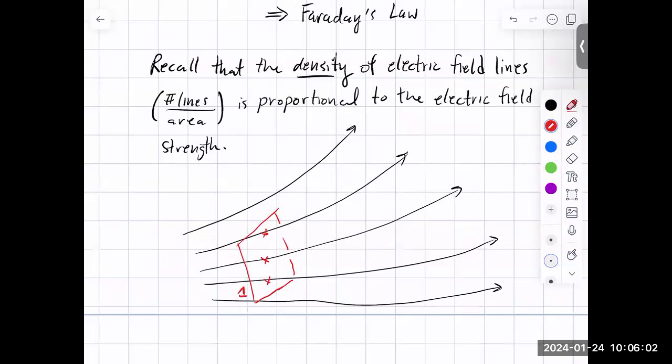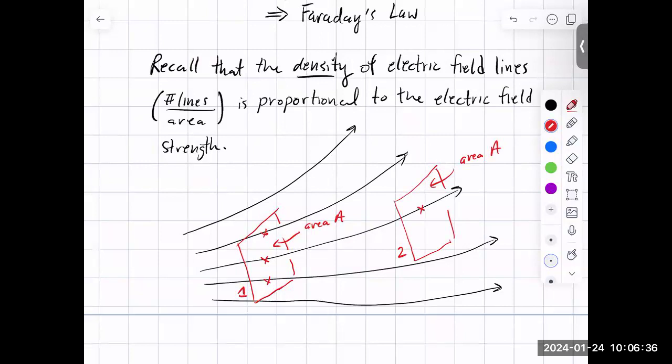I'm going to keep it the same size so that its area A doesn't change. I'll just move it to some position over on the right-hand side. This area is something like this size. These are supposed to be the same. This is in position 2, and this is also area A. This time we have only one electric field line passing through that area.